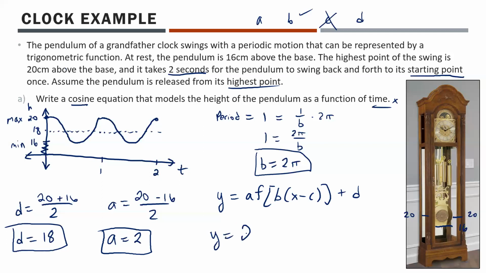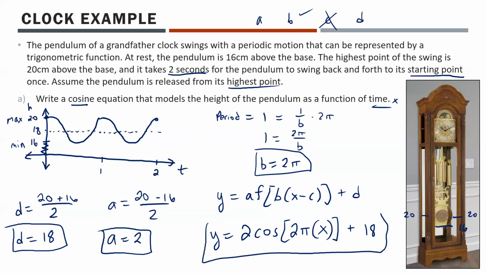Y equals 2, F is cosine, B is 2 pi, X is still X. You could also call it T for time, or H for height, whatever you want, but I'll stick to X and Y because it's easier. C doesn't exist in this one, so I get to close the bracket right there. You don't even need the inner bracket in this case. You could have just said 2 pi X, but it doesn't hurt to be more precise. Then plus D, so plus 18. So that right there would be your answer.